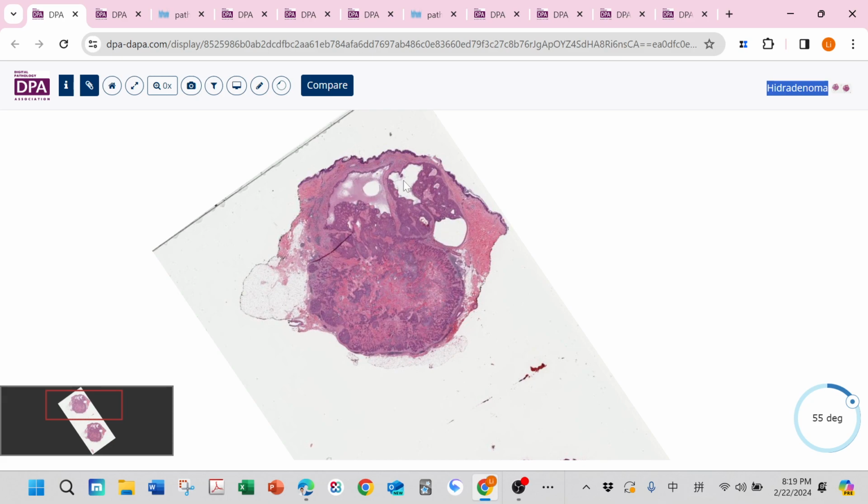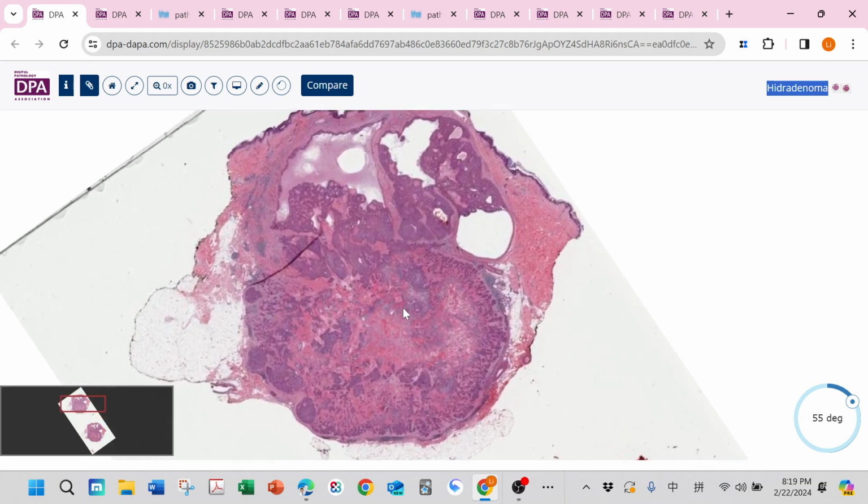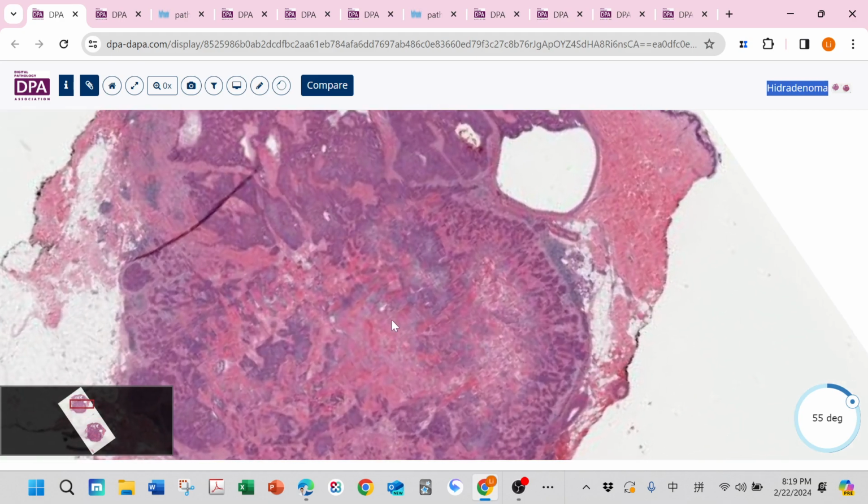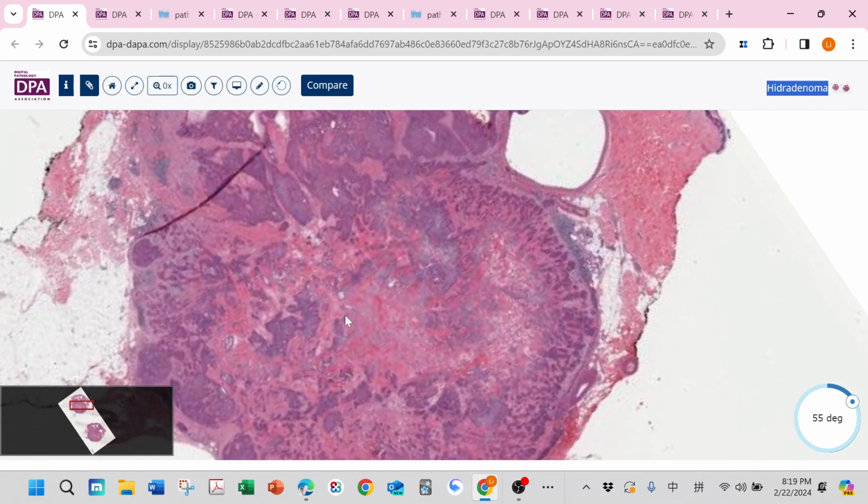So that is a classic feature for hidradenoma. We usually can see this cystic and solid nodule, but sometimes they just have a cystic component, sometimes they just have a nodular component.